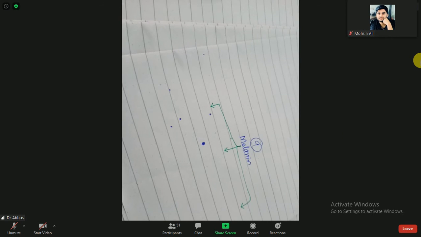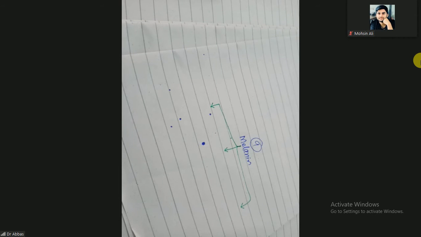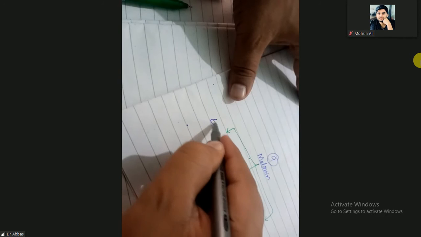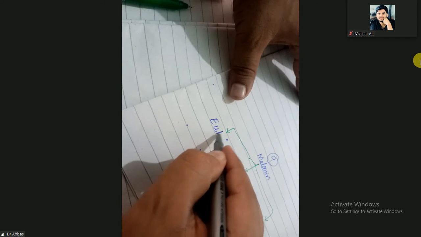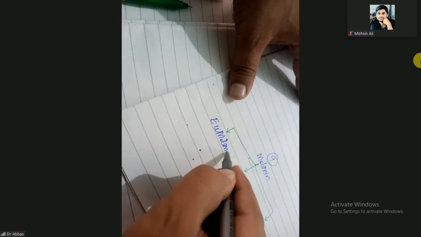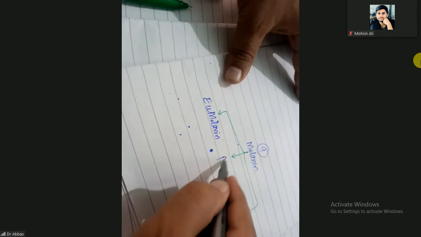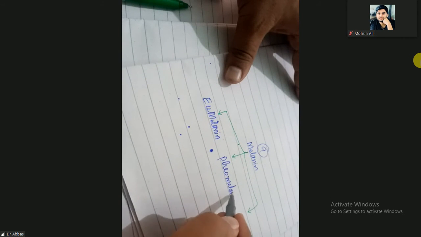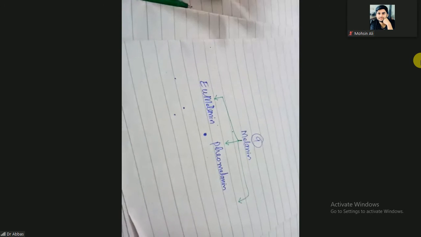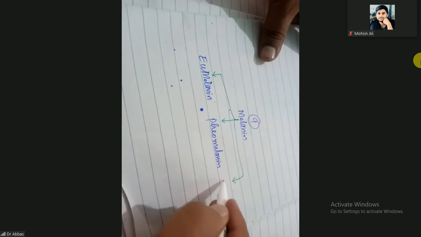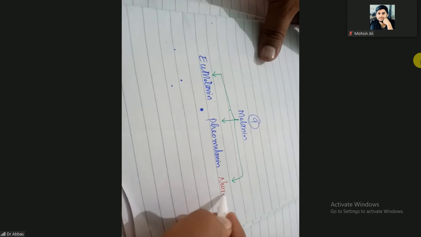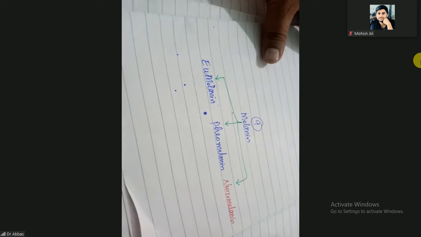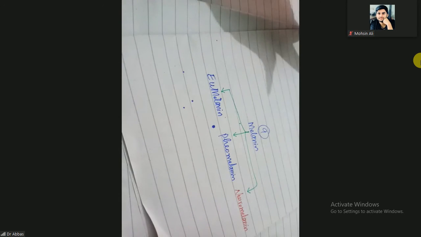In one book, melanin is of two types: one is eumelanin, the other is pheomelanin, and the other book has written a third type, that is neuromelanin. Clear?